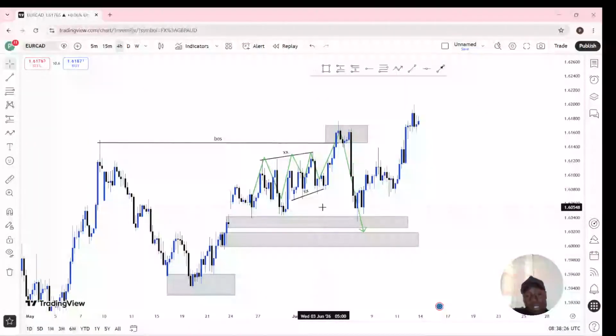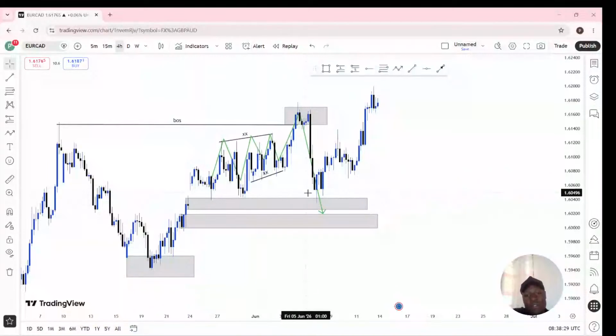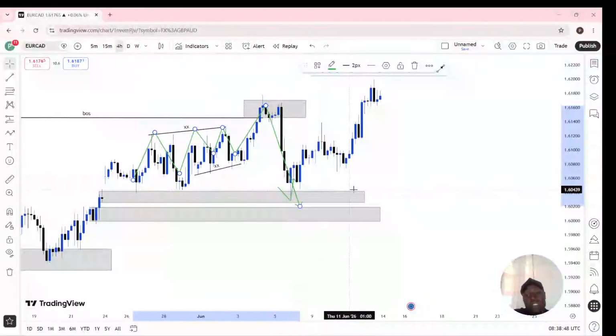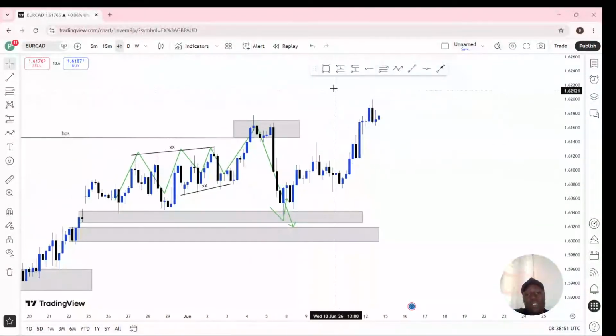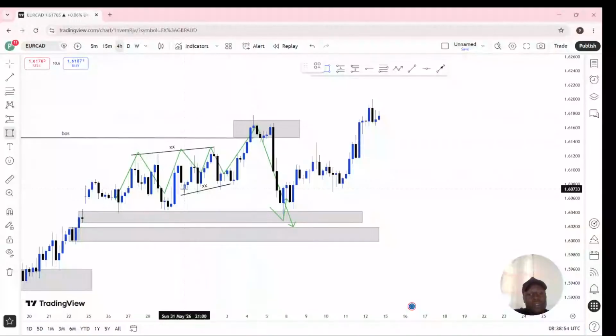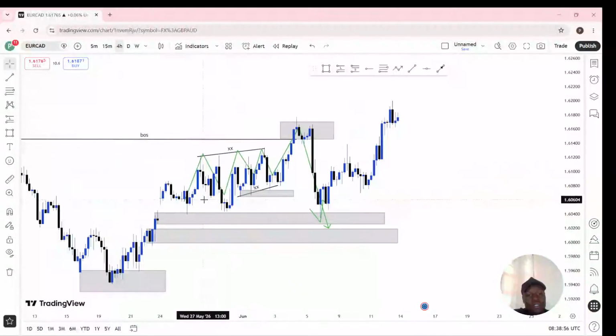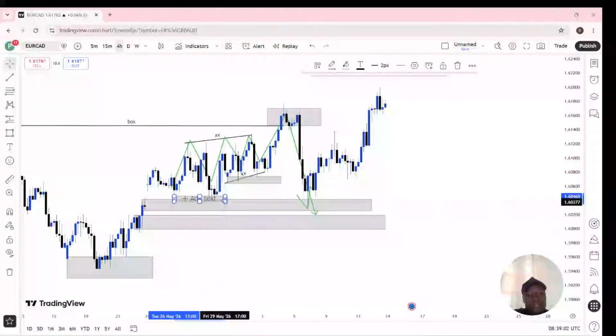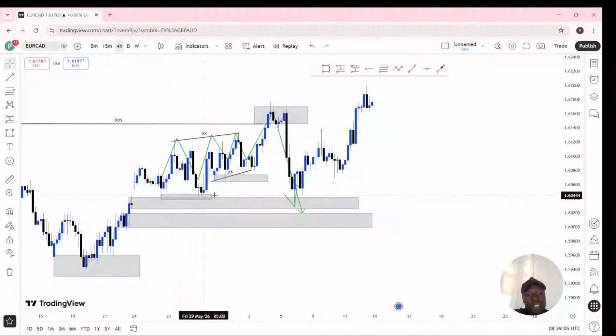So what we had to do was observe all the reactions on this level. All we needed was price to come to this level and tap here like this. We see the first break of structure to the upside. We wanted to see something like this because it had finished taking out all these stop losses, and we also have this very strong liquidity lying here.